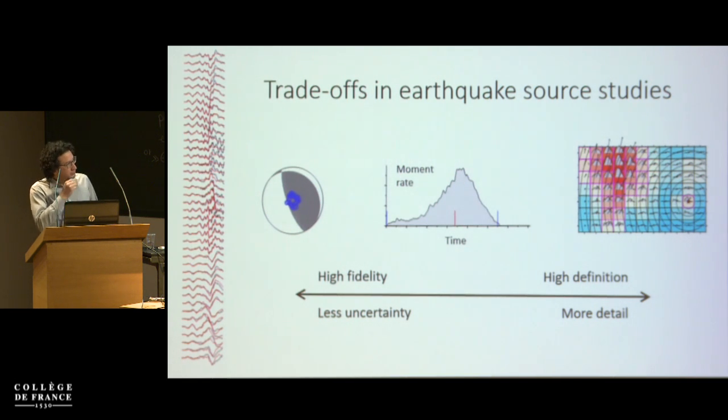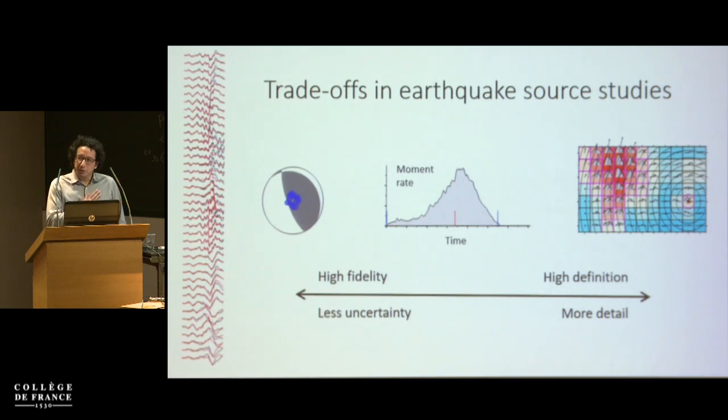And an intermediate product is the source time function, which is the way the moment rate evolves with time during the earthquake. As you move to the right, you're adding more pixels to your screen, but not all of them are actually informative. There's a lot of noise, there's a lot of blur in those images. So it is high definition, but low fidelity, actually. There are a lot of uncertainties in those source inversions that involve many parameters.